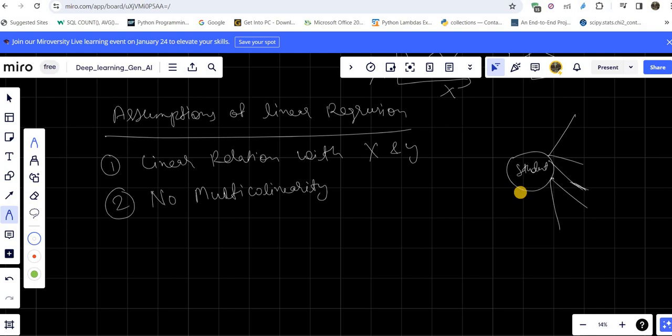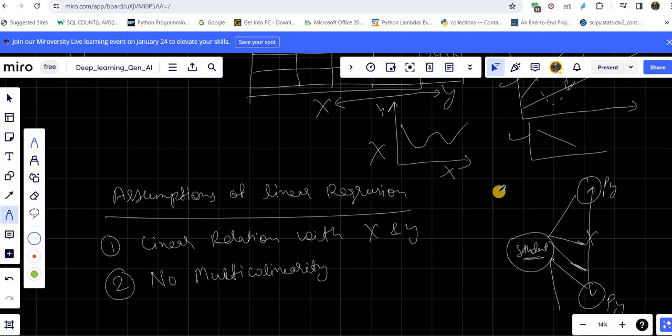And the parents decided, now you will go to two coaching centers, like this coaching or this coaching center, for Python. Tell me, is it a good decision that this student is going to learn Python from two different institutes? No, because there is multicollinearity between these two coaching institutes, because they explain the same concept, so it's not a good decision.